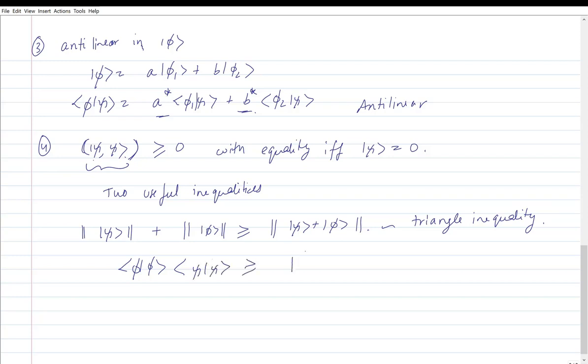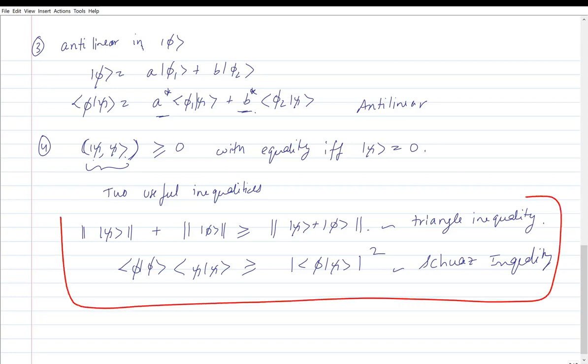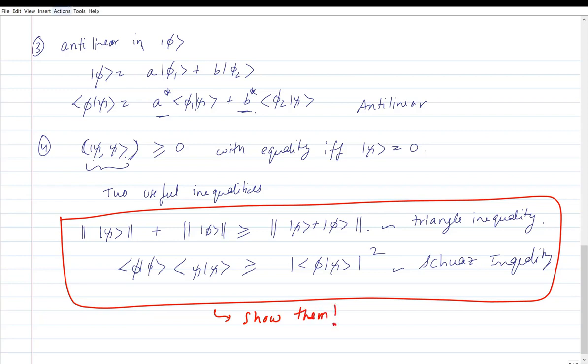Just some useful things. So maybe as an exercise, please show them. So one can, for every vector space, define an orthonormal basis.